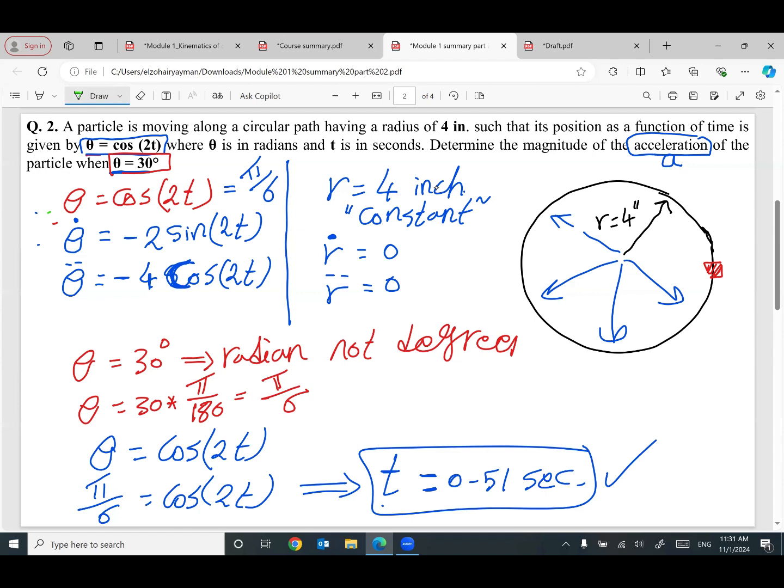When t equals 0.51, the value of theta dot will be negative 1.7. Please don't forget to use the radian system on your calculator. If you put t equal 0.51, the value of theta double dot will be negative 2.1.